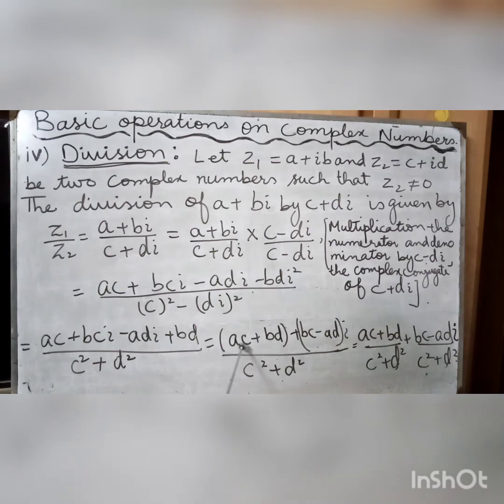Then we simplify it into this form: (ac + bd) + (bc - ad)i over c² + d², which can be written in the form of a complex number: (ac + bd)/(c² + d²) + (bc - ad)/(c² + d²) i.